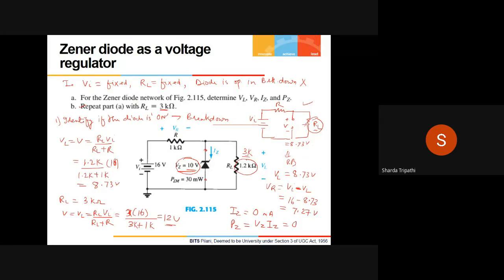That means for case B, the diode is for sure working in the breakdown region. अब अगर diode breakdown region में work कर रहा है तो what I do? I am going to replace this diode with a battery such that the positive of the battery will be towards the negative of this diode and the negative of the battery will be towards the positive of this diode.